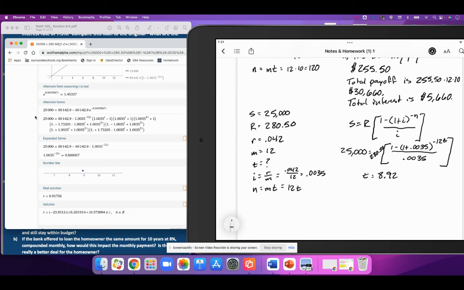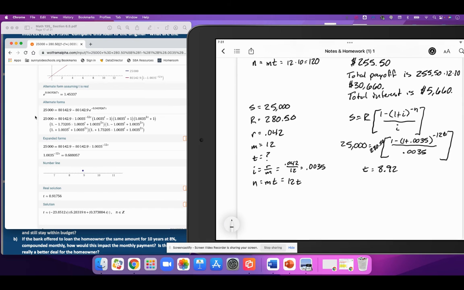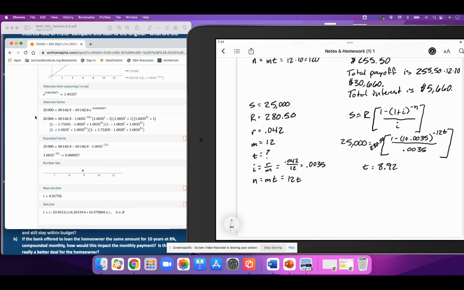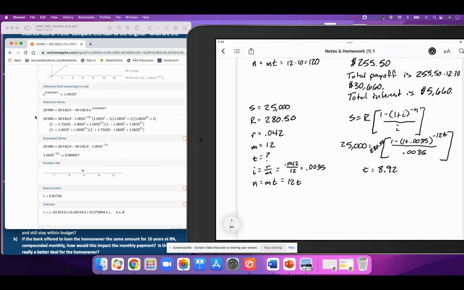So 8.92. And so what this means is that we would be, again, looking for the total payoff and the total interest. So total payoff is going to be 280.50 times 12 payments per year times 8.92 years.